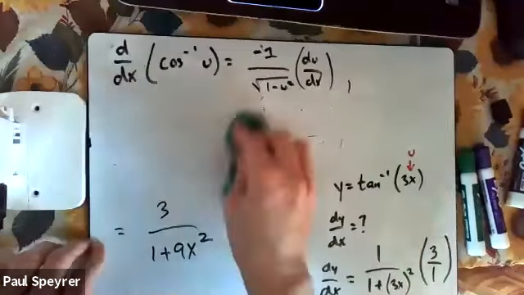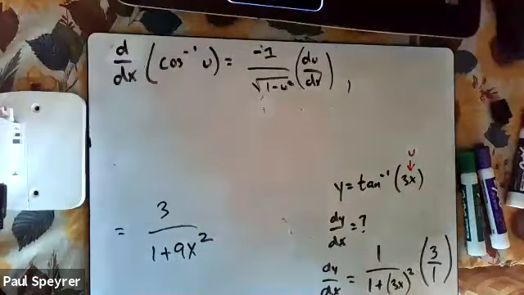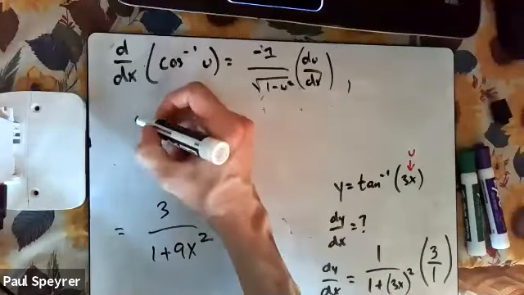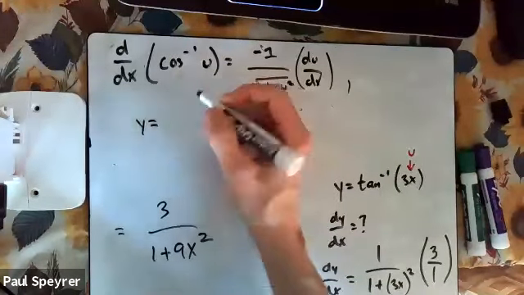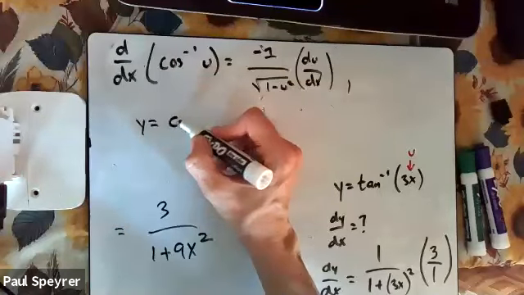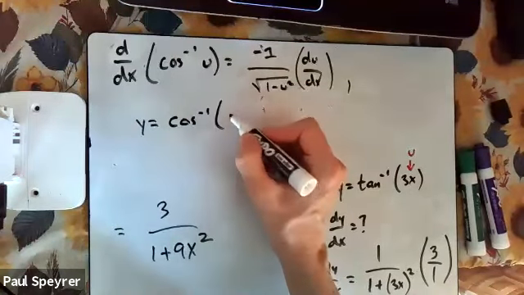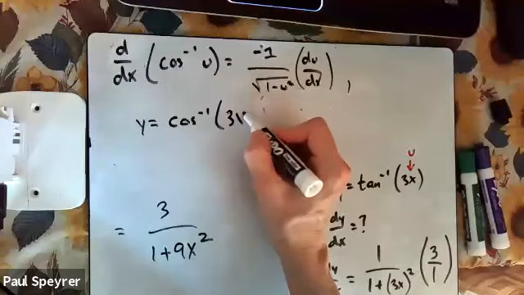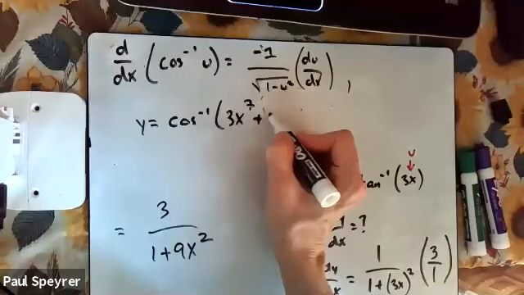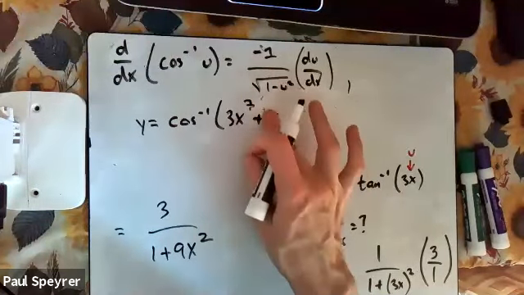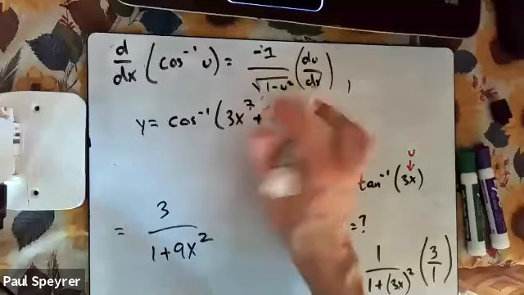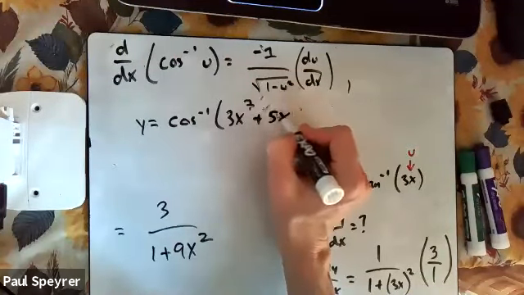So now what if we had, like, say, y equals arc cosine, and I'll say, 3x to the 7th plus 9. Oh, I won't say 9x. Just do something like whatever, 5x.